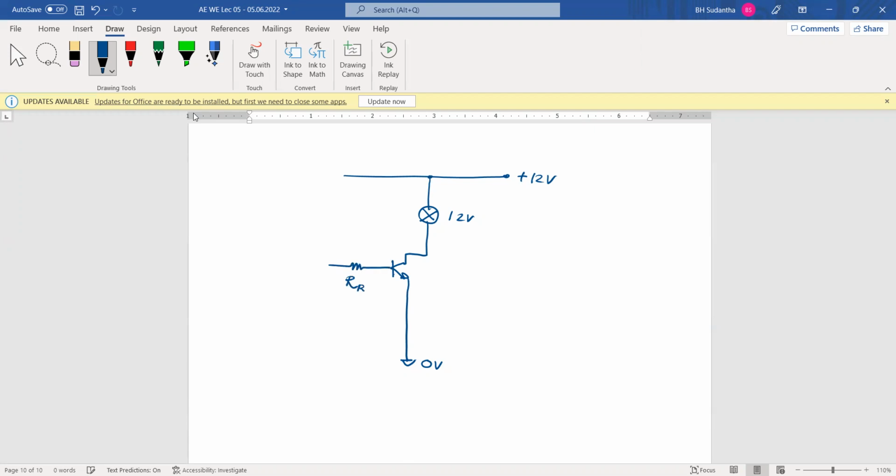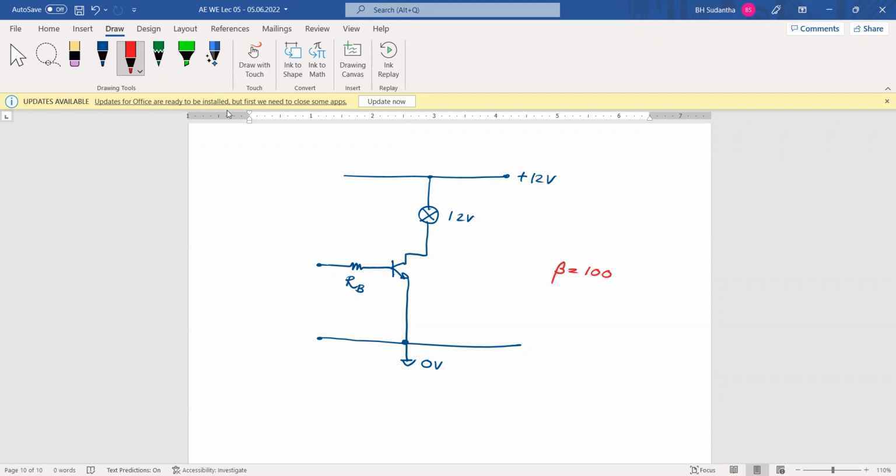Here we have the RB resistor. Then the beta of this transistor may be 100. We can take it as 100.